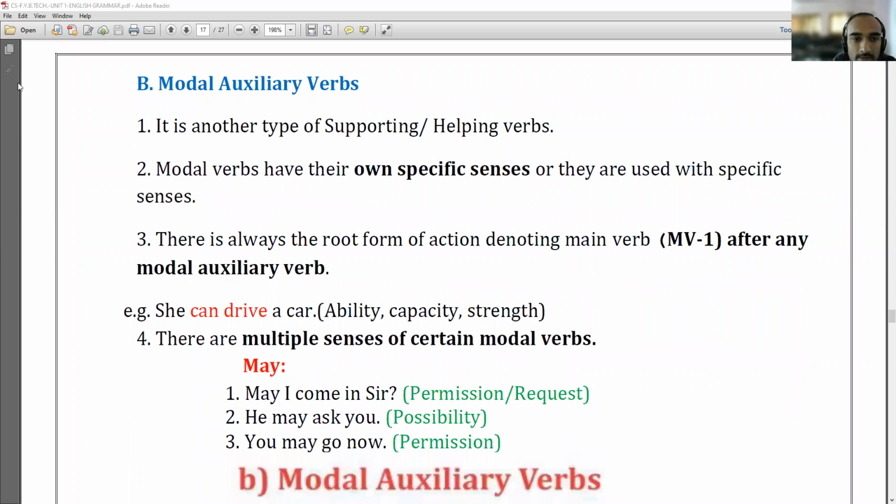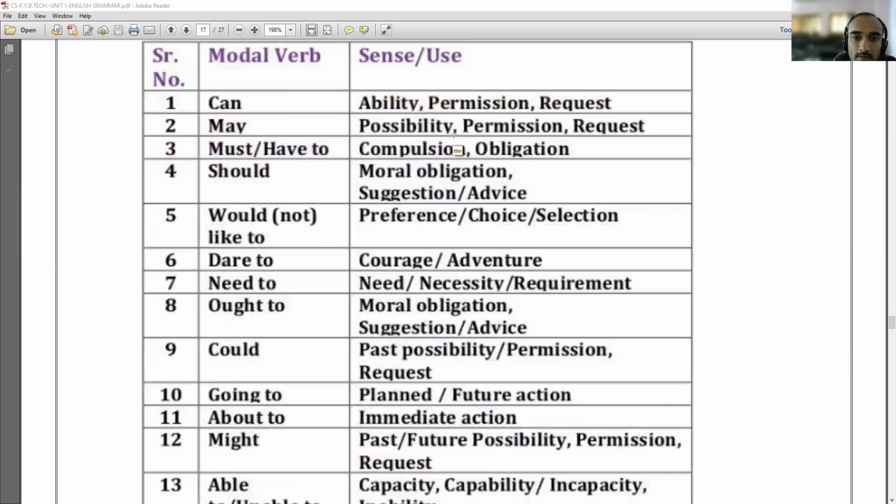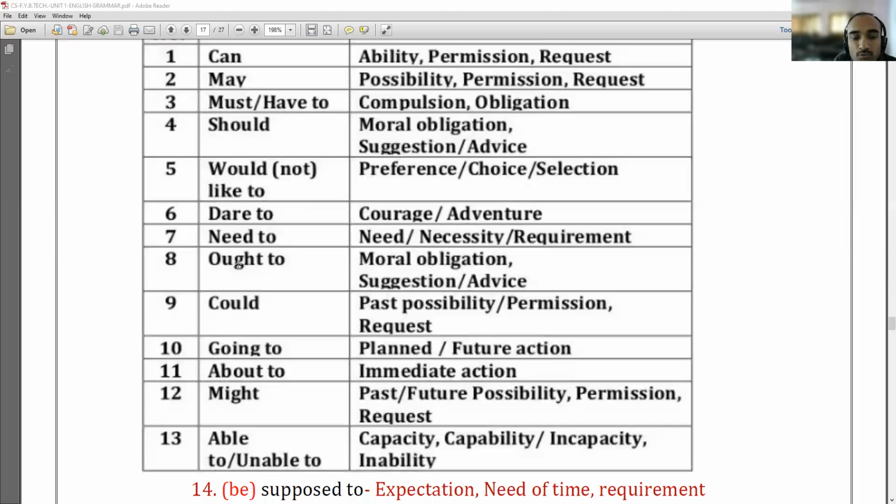In yesterday's lecture, we saw that there are many modal auxiliary verbs which are used in different senses. Each of these modal auxiliary verbs has a different sense or use, so we can use them as per the requirement of the situation or condition.